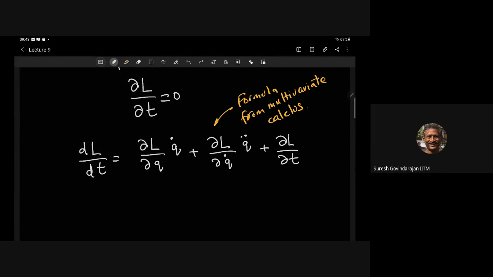Let me do the following. I have q double dot, so I can integrate by parts and take this.